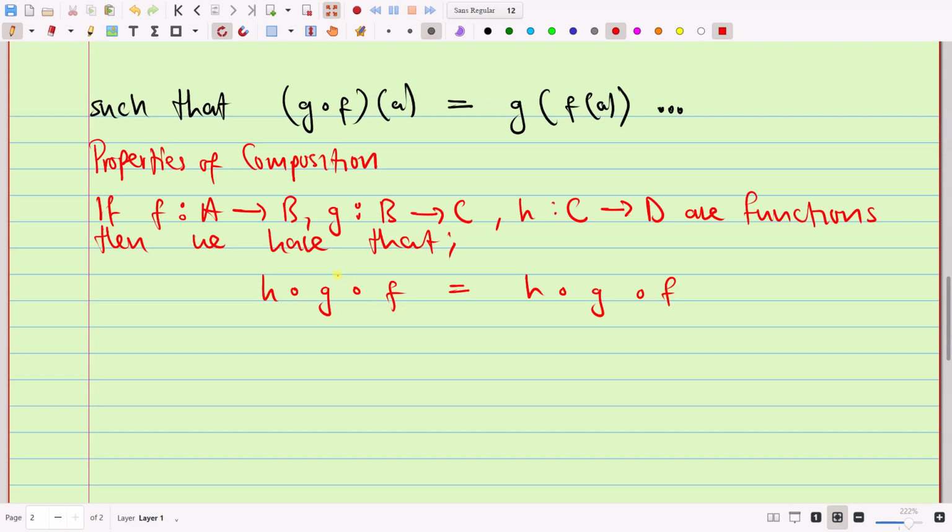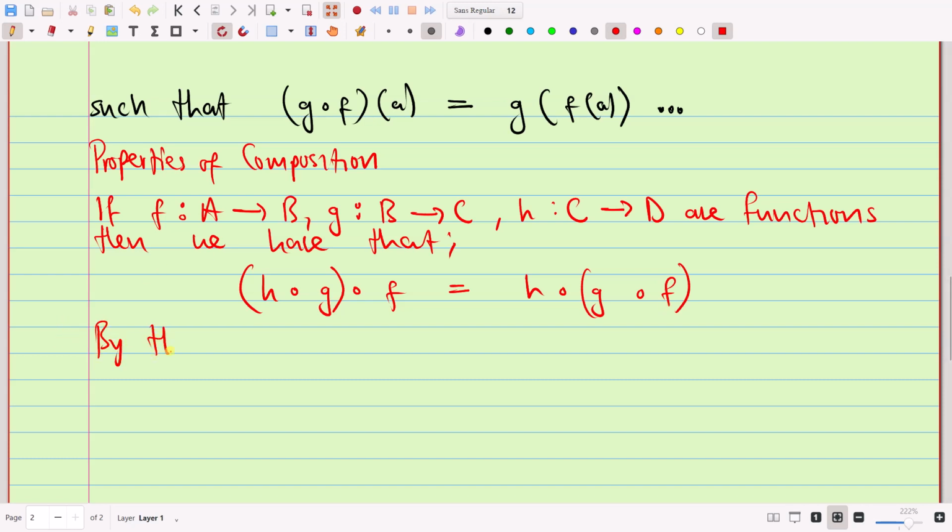So what you should know is that every time you are composing three functions at the same time, the order in which you compose the first two doesn't matter. Because composition only works for two functions, which means you can compose any two functions at a time. So one thing that you should know is that composition always satisfies this property: if you're composing three functions, any two next to each other that you join first will not affect the outcome of the composition.